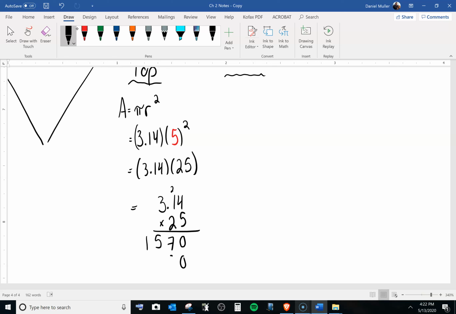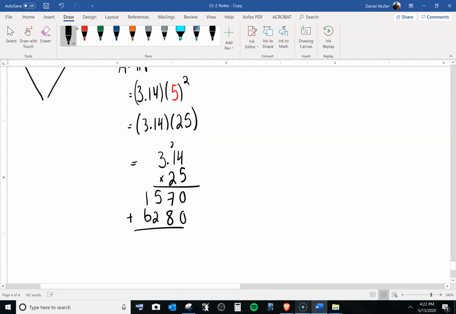Start with the 0, 8, 2, and 6. And I can add those. So 0, 15, 5, 6, 7, 8, and 7. The decimal place is 2 over, so I'm going to have to remember to put the decimal place in. So it looks like 78.5.